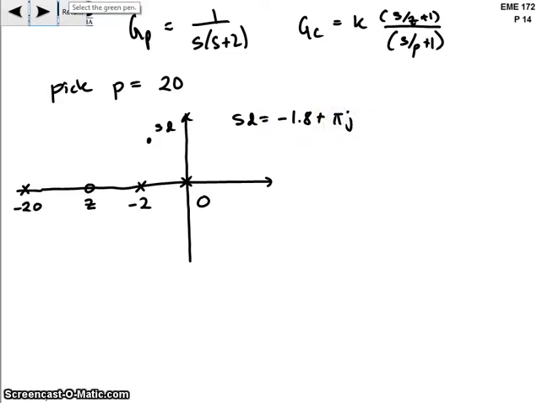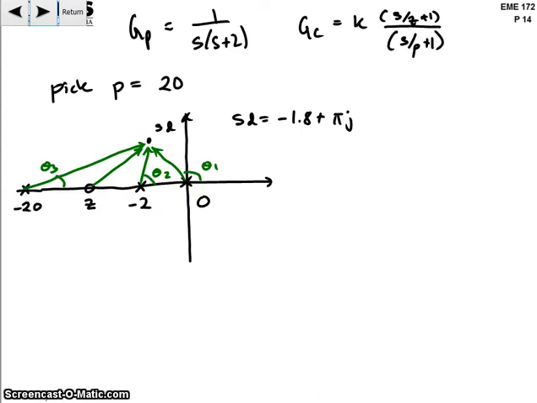And so I'm going to draw the vectors like I did before. So I have a vector here, and a vector here, and a vector here, and a vector here. Okay. Now, all three of these are actually fixed. So I'm going to call this one theta 1, theta 2, and this one is theta 3 here. These are these angles here.